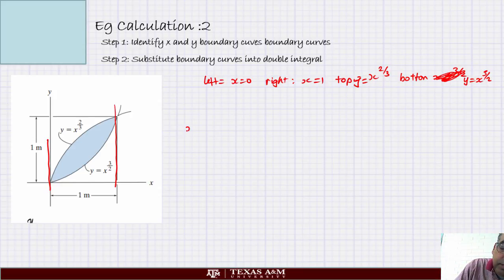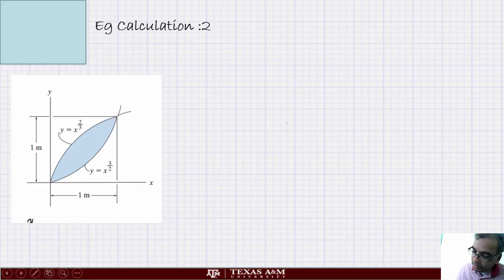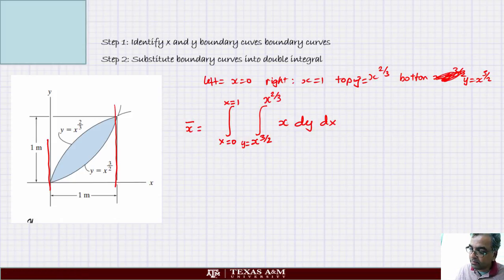Now x bar equals the integral from x equal to 0 to x equal to 1, left to right, and then I'm going to integrate bottom to top. So bottom is x to the 3/2, top is x to the 2/3. So I'm going to do x dy dx. Notice when I'm doing x dy dx and integrating with respect to y, it's just going to be xy.